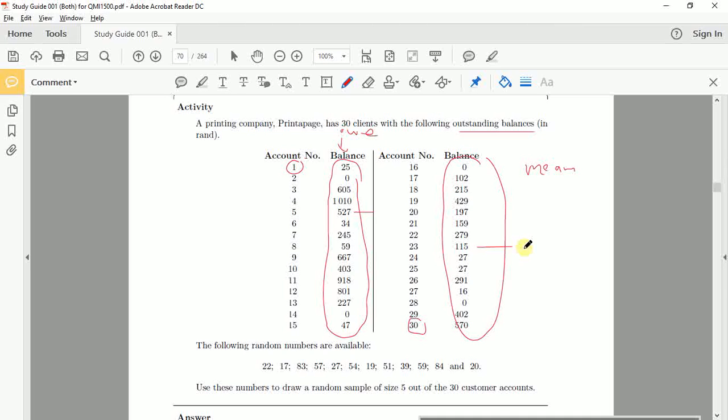Ooh, I didn't put the last one in right. So go back up, delete. This should have been 570. Now I've got all that input.